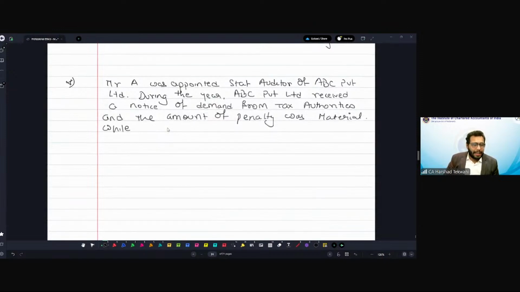While preparing the financial statement, ABC Private Limited did not disclose the notice.